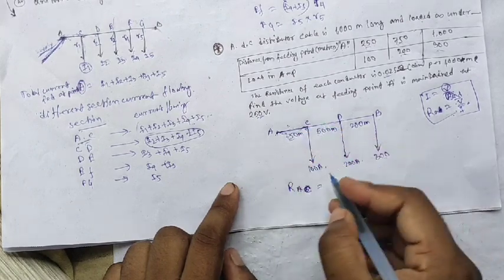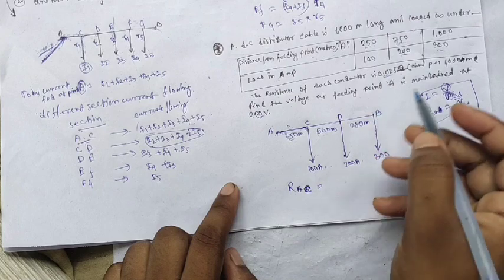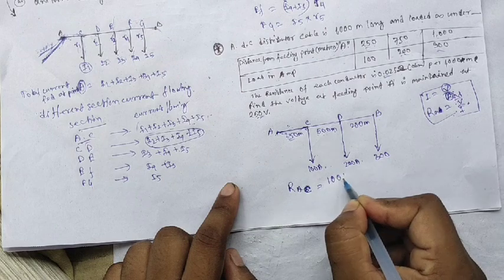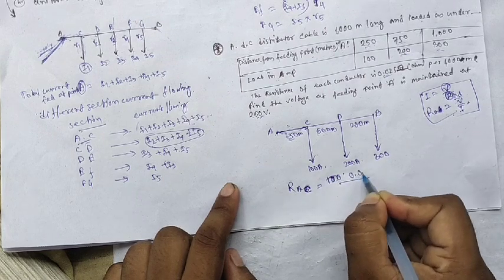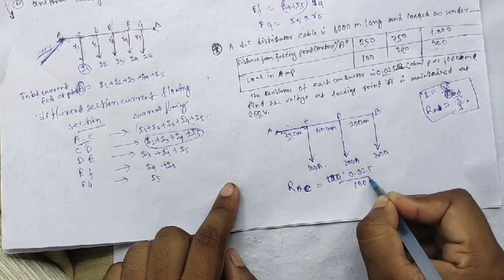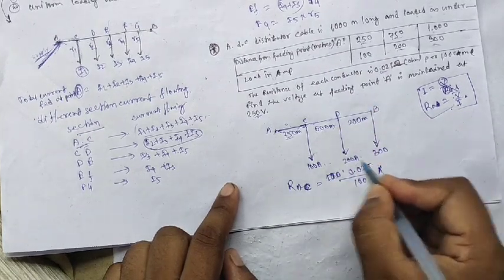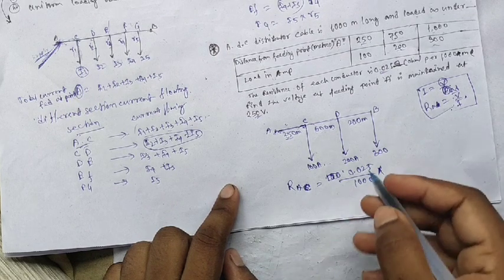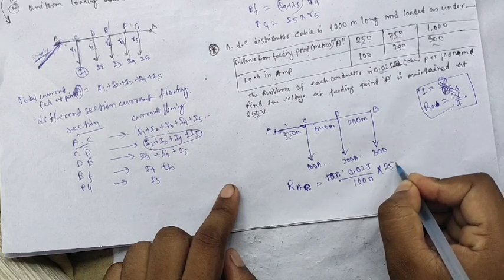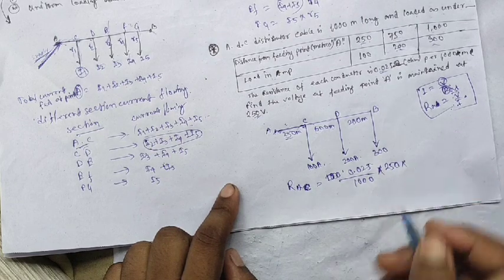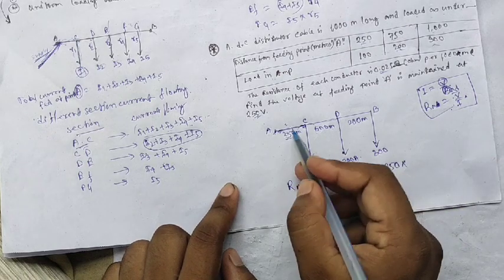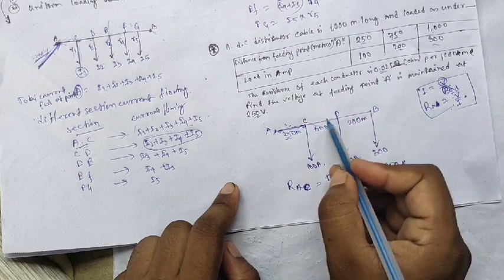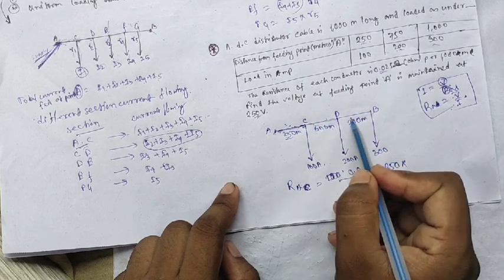So what is the resistance of this portion? We know that 0.025 is present in 1000 meter, and the total distance is how much? This one is the 250 meter. Okay, 250 meter into, if we see that this is only a single line diagram, but if it is the positive wire, then the negative wire is also present, otherwise the circuit is not completed for the load.